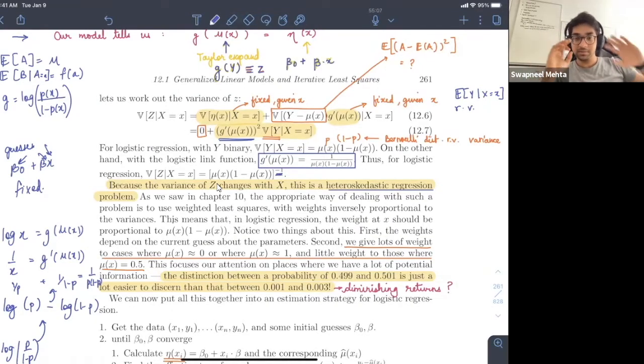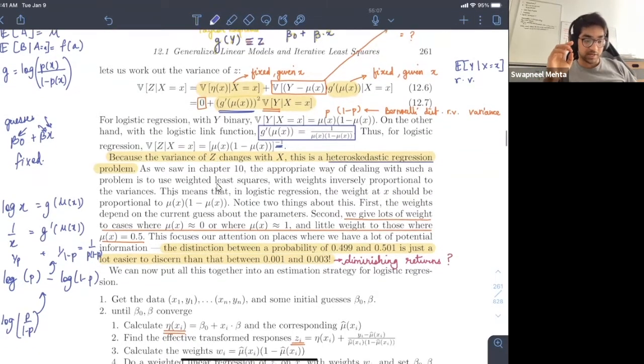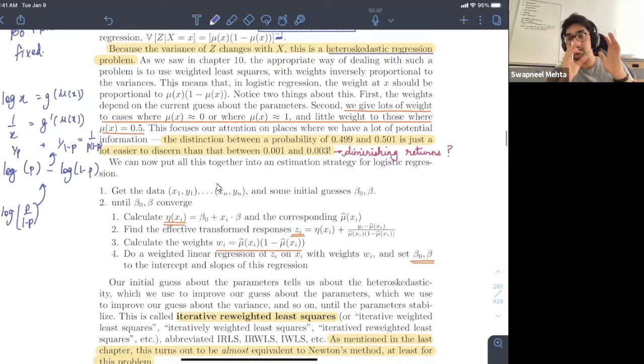And that similar procedure is what he goes on to describe here, except in this slightly more complex setup where you have a transformation of y. Well, not a transform of x actually. You transform the response. So that exact procedure is what he describes here.